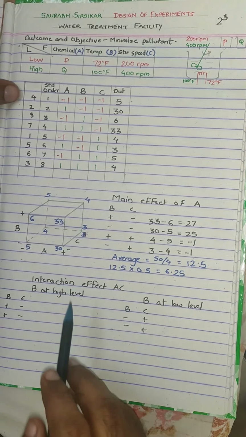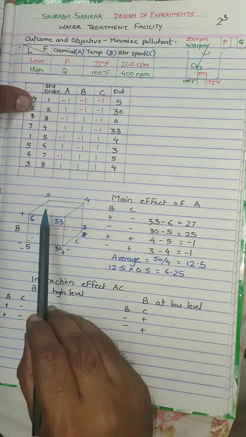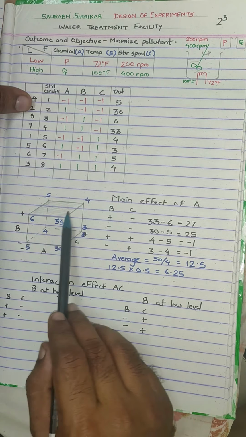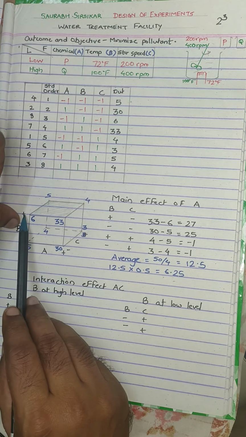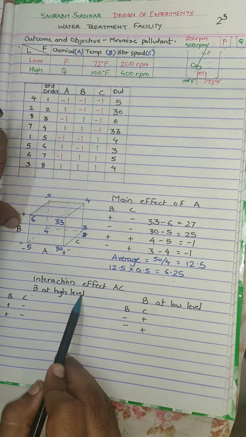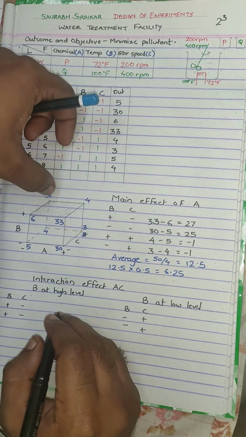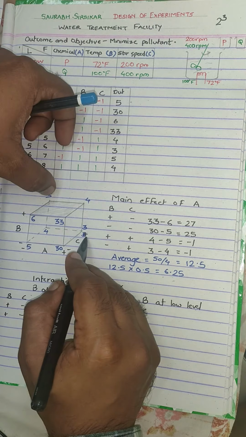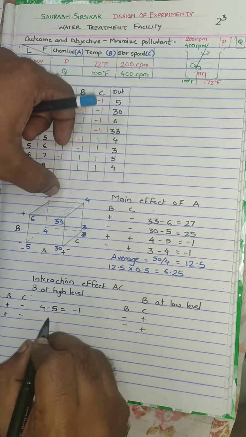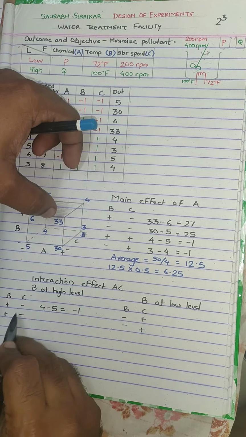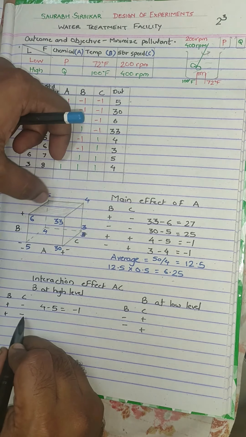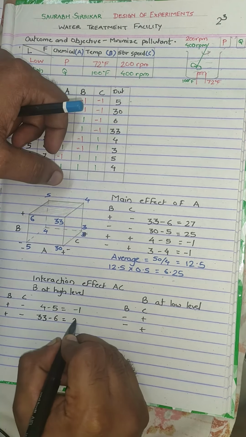To get the interaction effect, I will consider only the top surface first. By top surface, I mean the level of B is positive, the high level. So B at high level, we have 4 minus 5 when C is positive. I will write here 4 minus 5. And when B is at higher level but C is at lower level, we have 33 minus 6, 27.